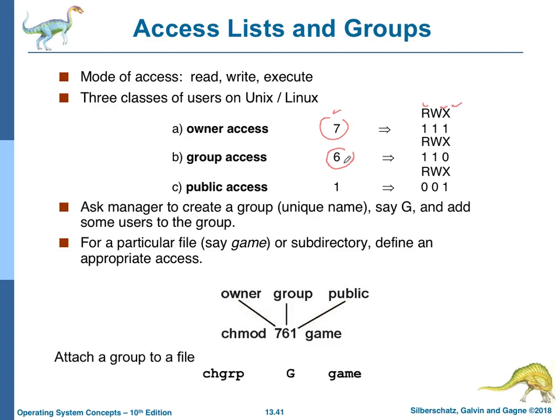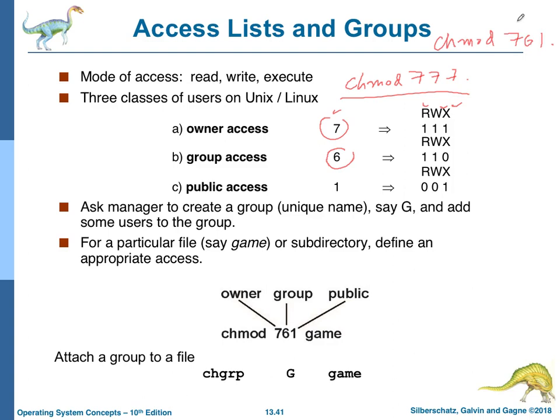For example, if you want to give everybody read-write access, then you use chmod 777. But if you want to give them only particular privileges, then you will do chmod, maybe 761.